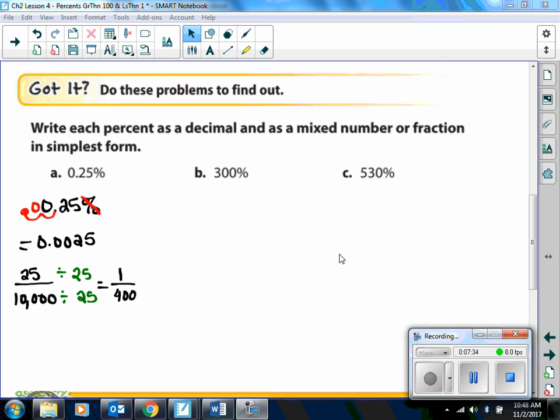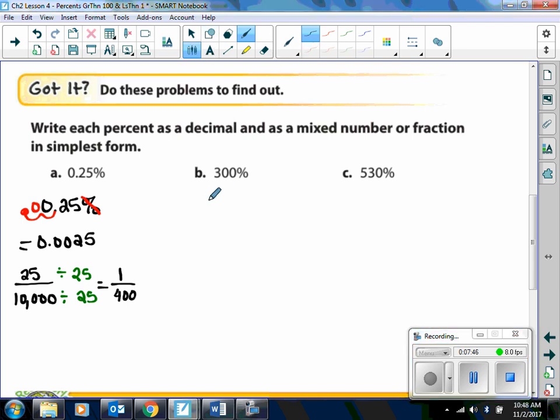So for problem B, we have 300%. And we want to write 300% as 300 per 100. First let's write it as a decimal, okay? So we've got 300%, and the decimal, just like you said, is at the end, right?